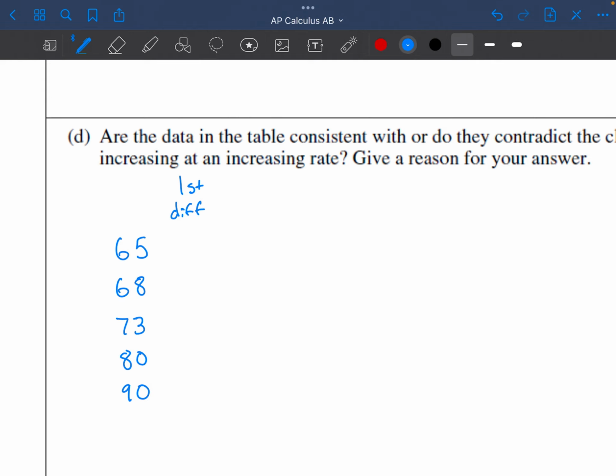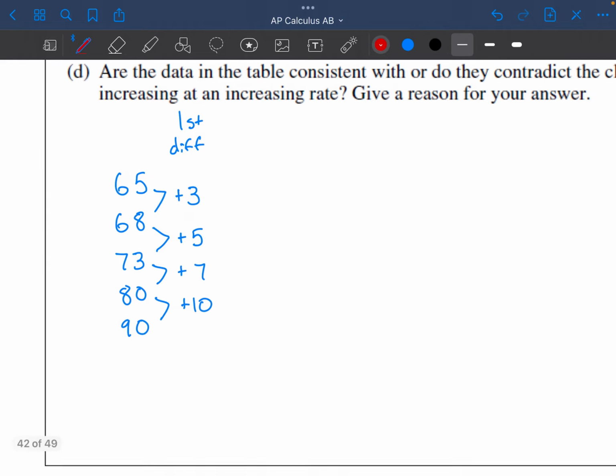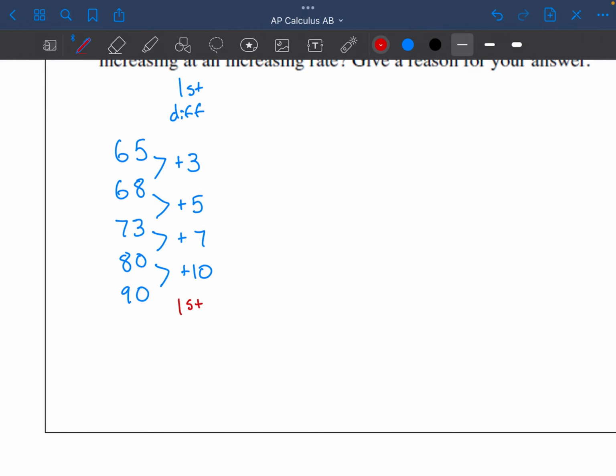So to get from 65 to 68, I had to do 68 minus 65, which is a positive 3. To get the next value, I had to add 5. Another way to think about that is, what is 73 minus 68? What is 80 minus 73? Well, that's a positive 7. What is 90 minus 80? That's a positive 10. Cool. So the first difference is the same thing as the first derivative.